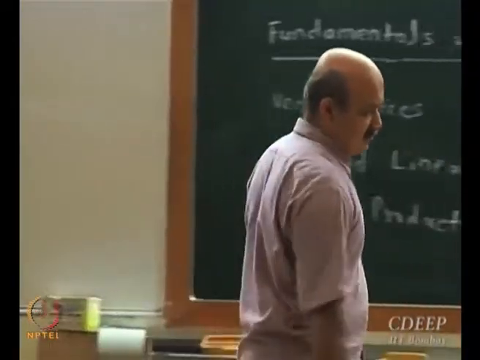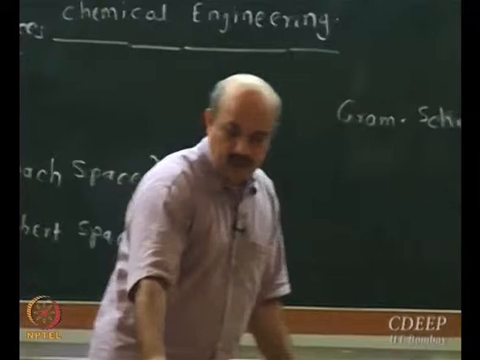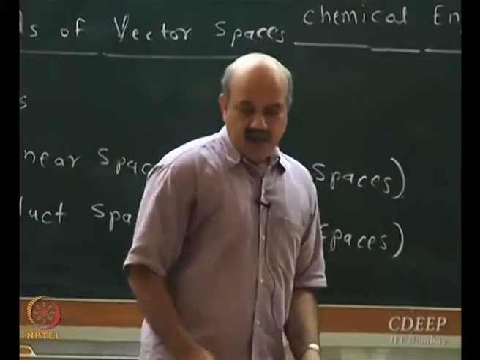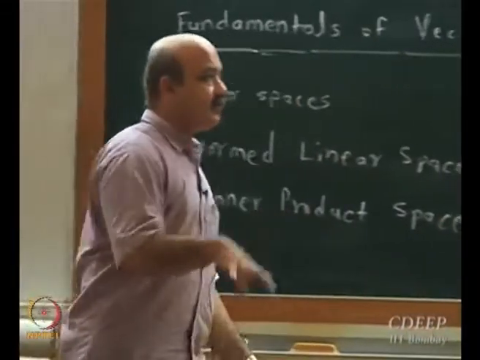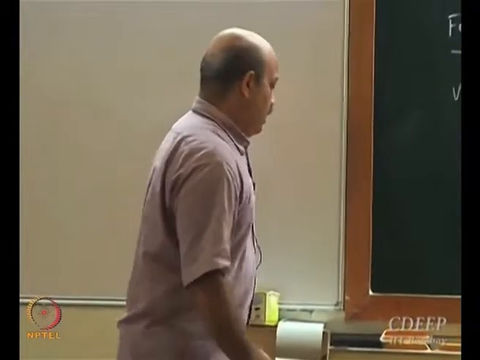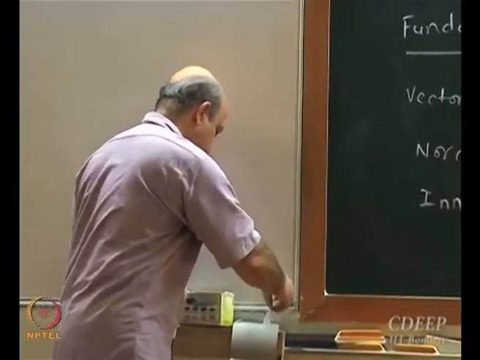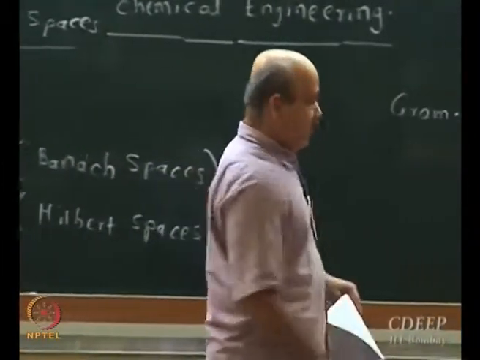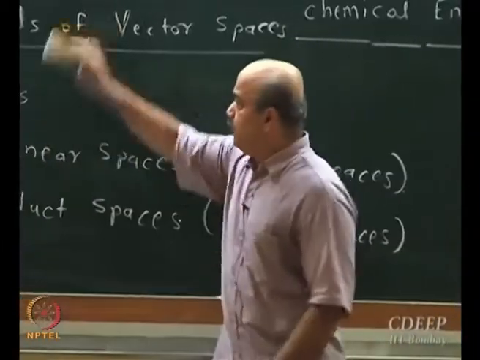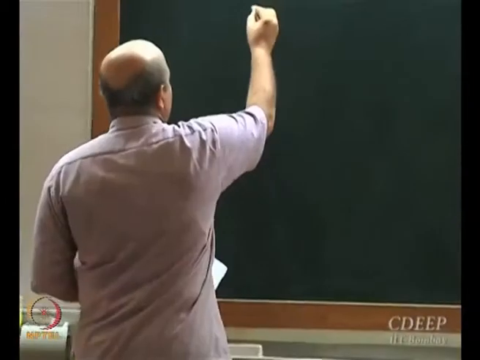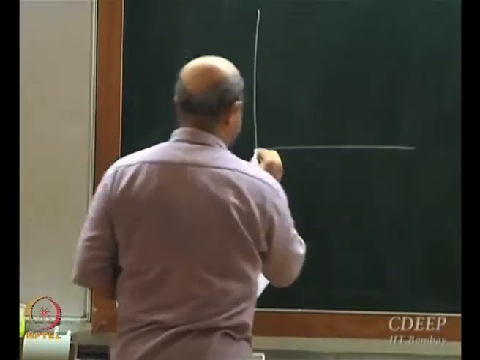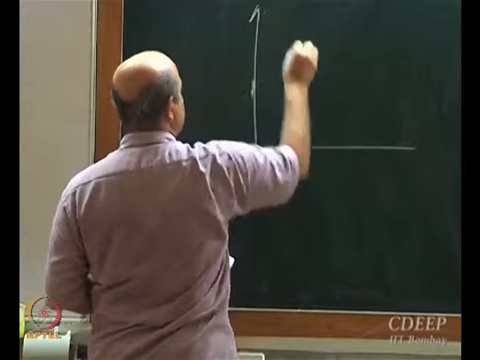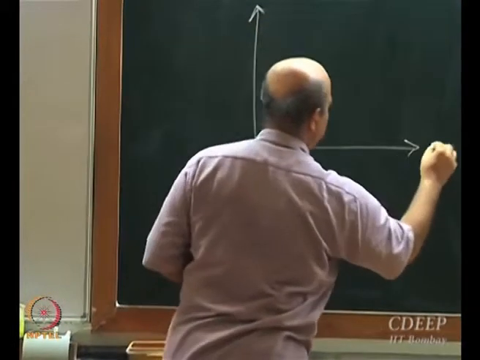Now what is a vector space? What do we know about vector spaces? When we start thinking about vector spaces, from the background we have from undergraduate, we normally imagine a vector in a three-dimensional space.